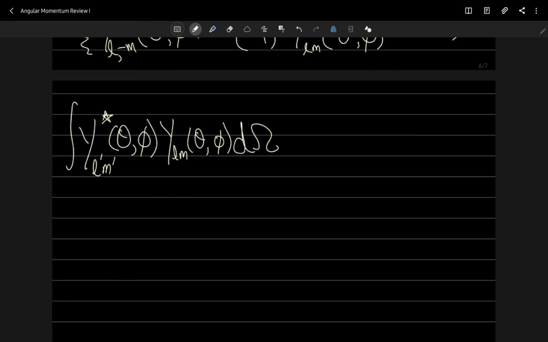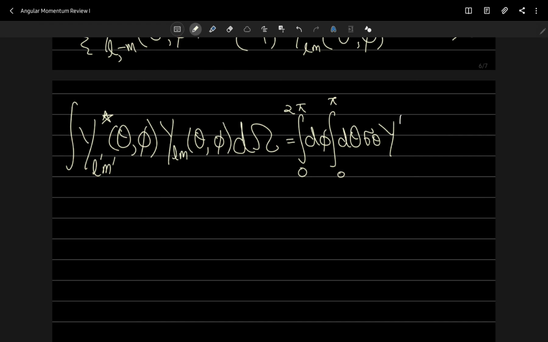Phi goes from 0 to 2 pi, and this differential in spherical polars is d theta times sine of theta, where the limits of theta are from 0 to pi.